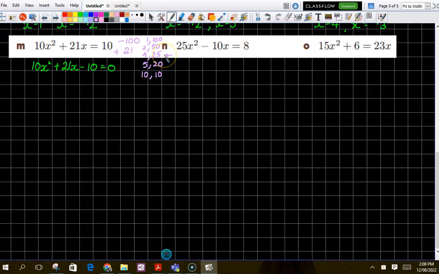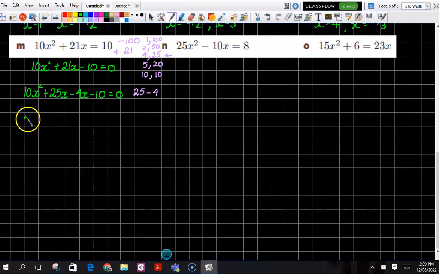Okay, so what are we doing? We are saying 25 minus 4. So this gives me 10x squared plus 25x take 4x take 10. Pair up, pull out your common factor. So what is your common factor? Highest common factor of 10x squared and 25x.